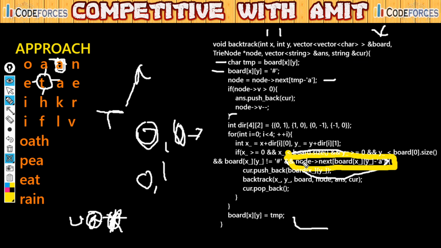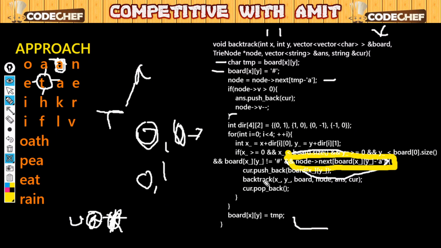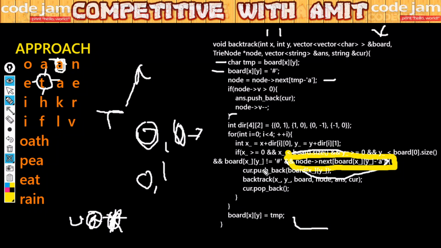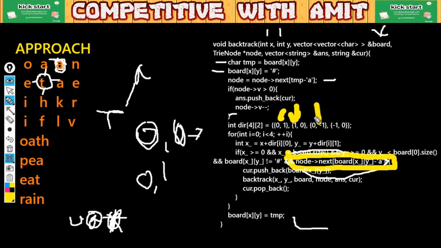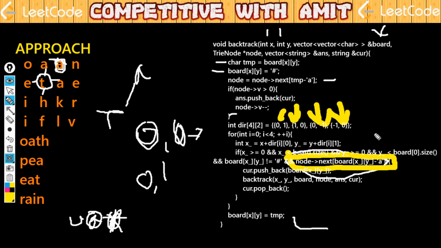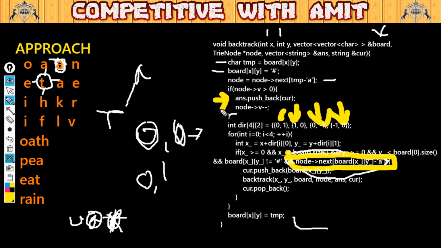If it is not, then we will not go for the backtracking part again. So we will start the loop again with the next value. The next value will be checked again and again, and at the end, if we find this, we will push it back into the answer, and at the end we will return the answer. So this is the code for my backtracking part.